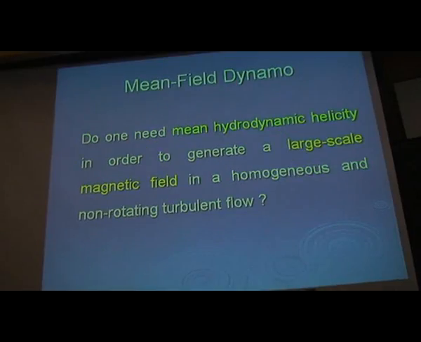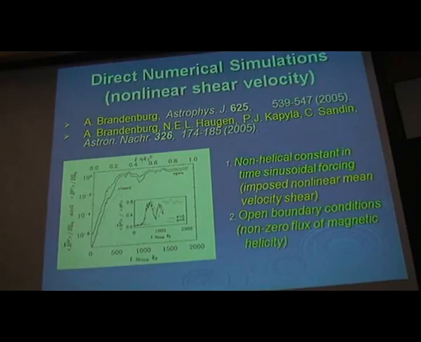So, the same question: do we need kinetic helicity in order to generate a large-scale magnetic field? There are successful simulations by Axel Brandenburg, where shear was introduced by non-mechanical, constant in time sinusoidal forcing, and I think the simulation by Shapovalov and Khan-Vishniak are very similar, at least in the setup.